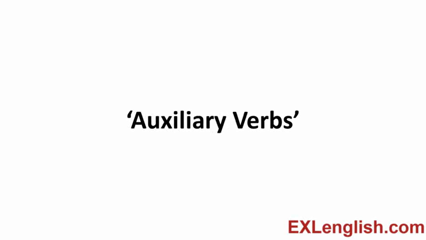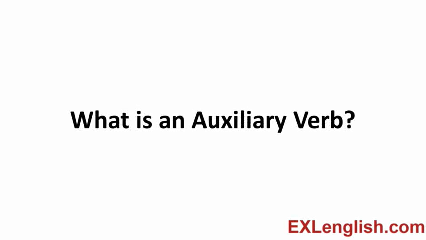Maybe you have somewhat of an idea of what an auxiliary verb is because you have studied it in school. Well, as usual, we will be getting an overview in this module of what an auxiliary verb is. So go ahead and ask the question, what is an auxiliary verb?